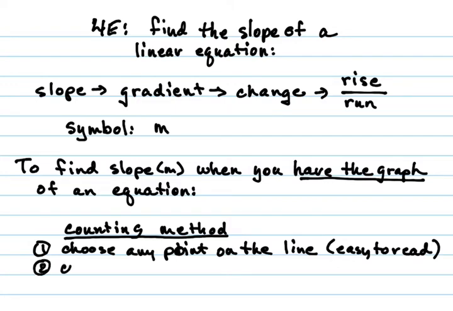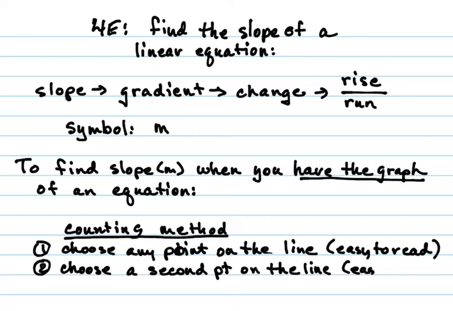Second, choose a second point on the line. And I'll often abbreviate point as just PT after I've spelled it once. But again, it has to be a point that's easy to read.